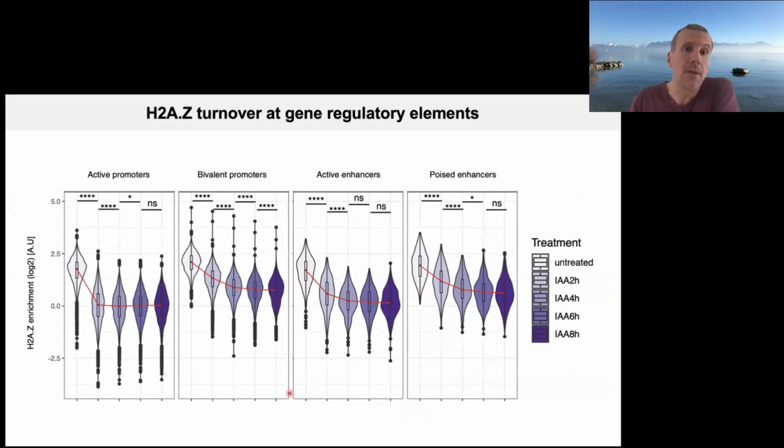If you look at gene regulatory elements I mentioned before, active promoters, active enhancers, bivalent and poised promoters and enhancers, you see that this decrease in H2A.Z happens globally on the same time scale I showed you on the whole genome, and even a bit faster at active regulatory elements.